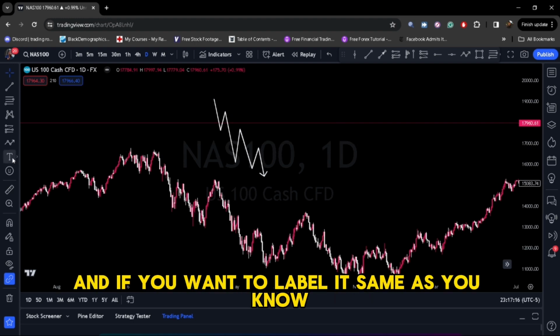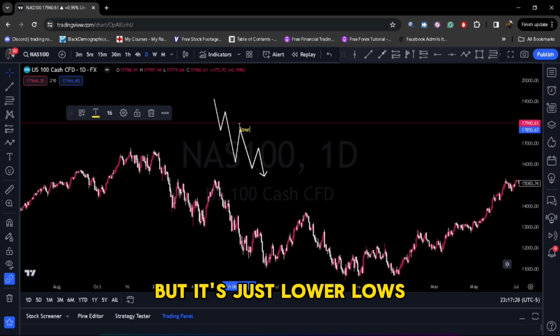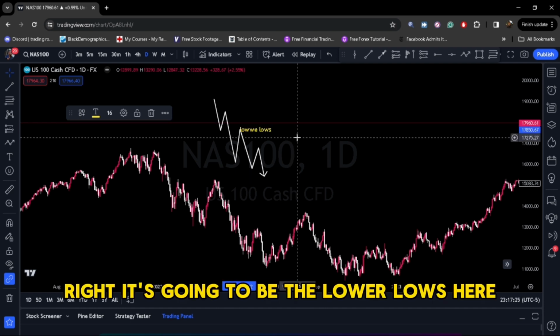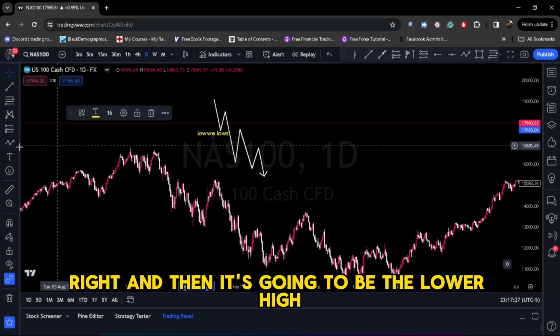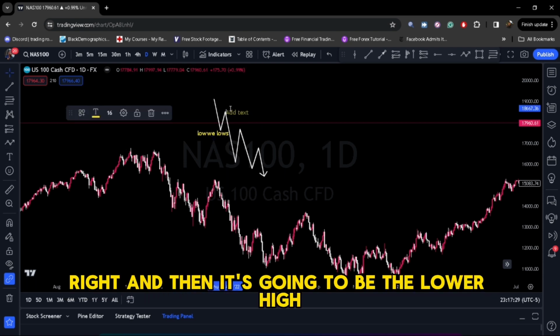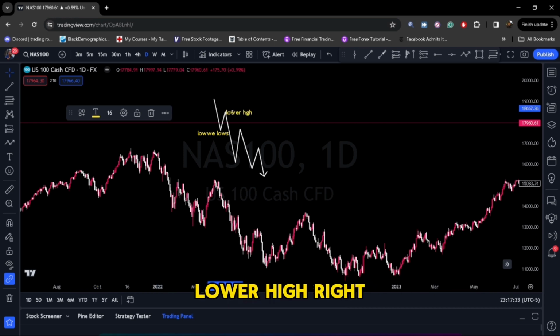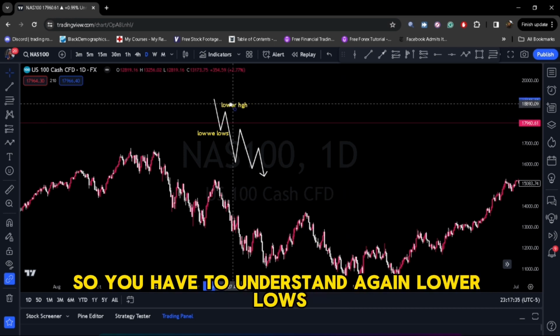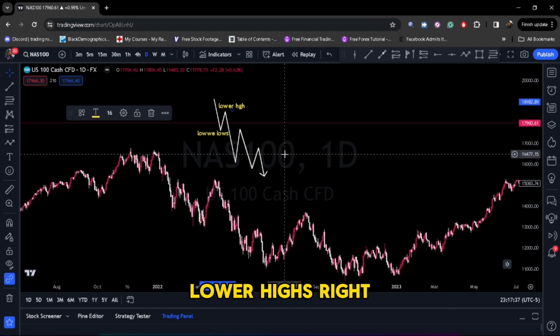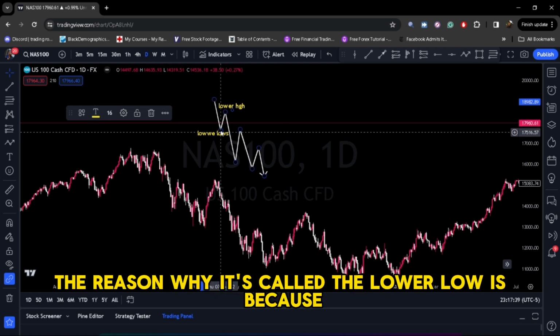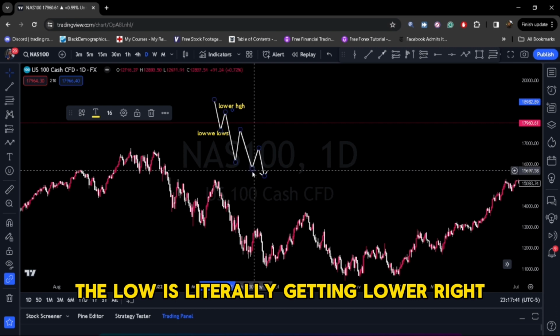And then if you want to label it, same as the previous one, but it's just lower lows, right? This is going to be the lower lows here, right? And then this is going to be the lower high. So you have to understand how these lingos work, right? The reason why it's called the lower low is because the low is literally getting lower, right?